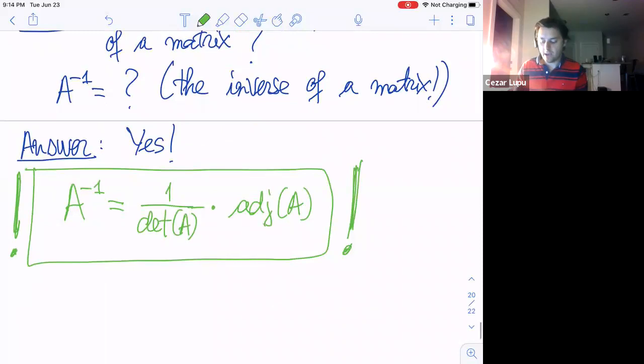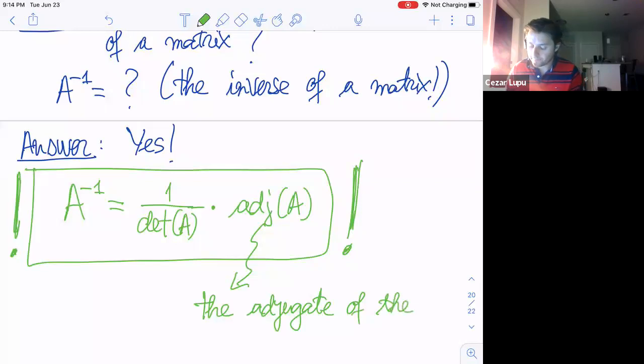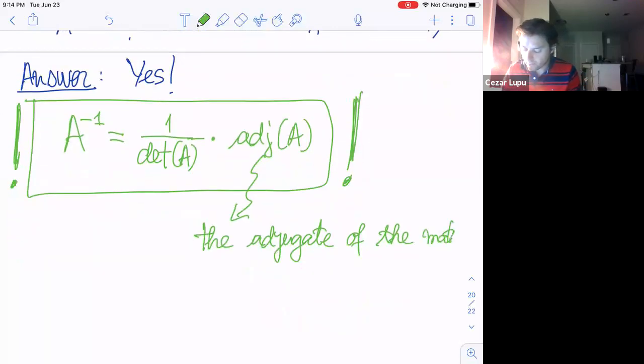So this guy here is called the adjugate of the matrix A. And the question is, how do we compute the adjugate, right? Remember we've talked about the cofactors.